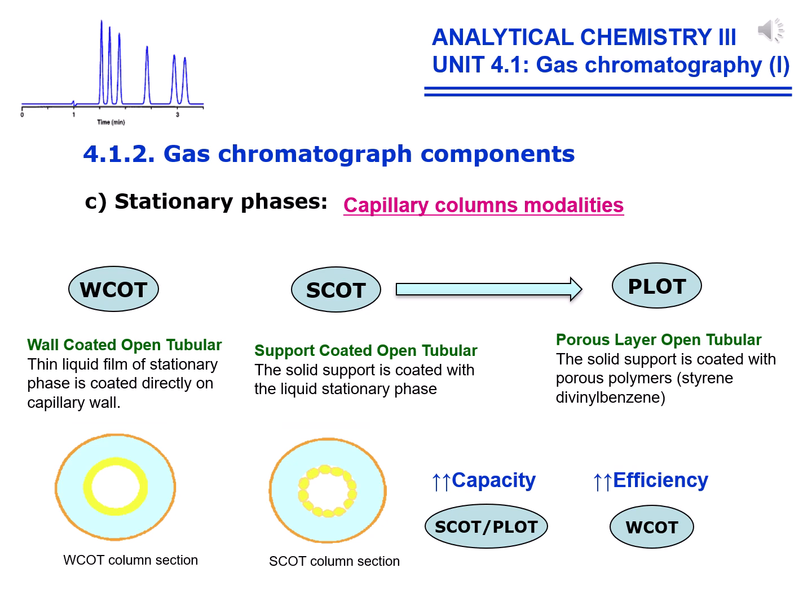Porous layer open tubular: columns in which the wall has been coated with a thin layer of porous polymer that has been considerably extended by macroparticle deposits. Comparing WCOT and SCOT columns, WCOT are more efficient as they are empty, and SCOT columns have greater capacity.